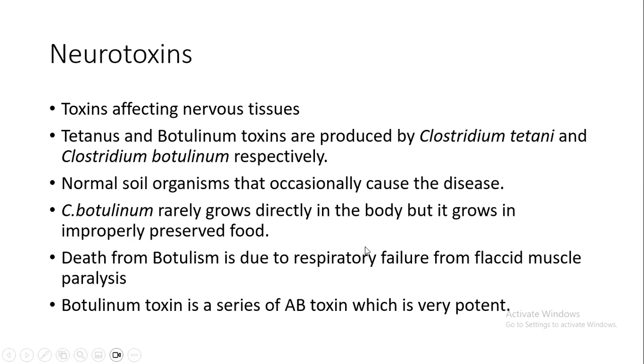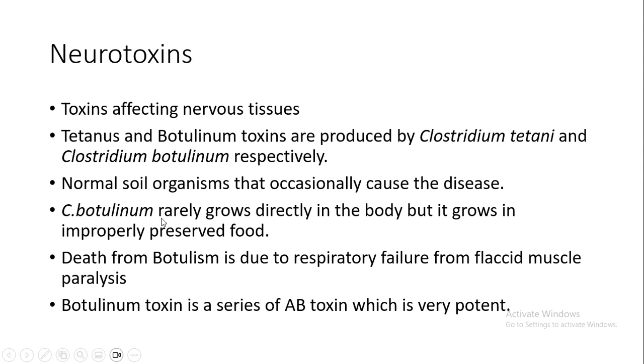Neurotoxins are basically those toxins that will affect the nervous tissue. Tetanus and botulinum toxins, produced by Clostridium tetani and Clostridium botulinum, are important examples of neurotoxins. These are normally soil microorganisms and they can occasionally cause disease.